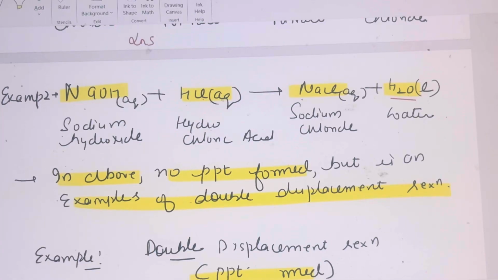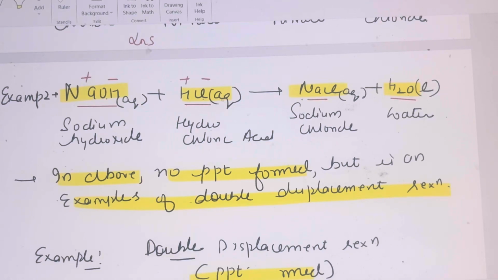Again, second example, when sodium hydroxide reacts with hydrochloric acid, it will lead to the formation of sodium chloride and water. Again in this reaction, students, sodium hydroxide has one positive part and one negative part, and hydrochloric acid also has one positive part, one negative part.